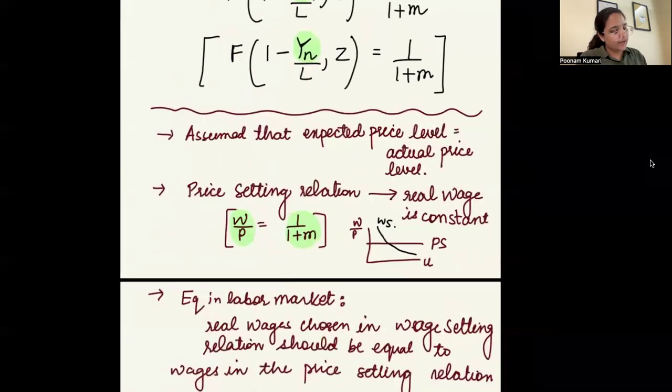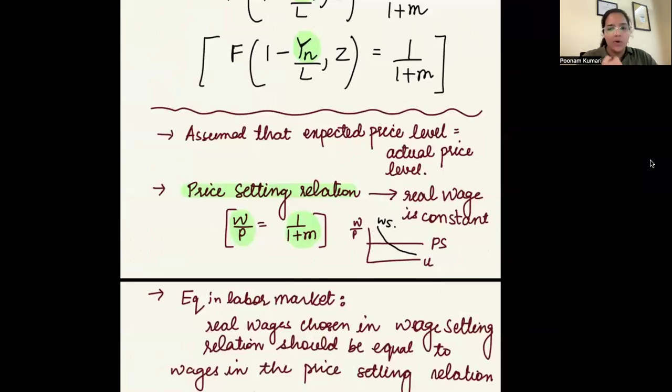And what else did we do? In order to understand the price setting relationship, we dug deeper into how the firm makes a decision of pricing. So we saw that it keeps a markup over its cost, and its cost was associated with hiring people, right? So that is how we came up with the price determination equation. How did we come up with the wage determination equation?